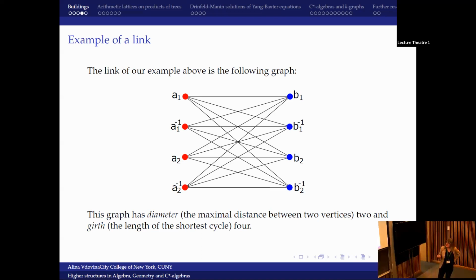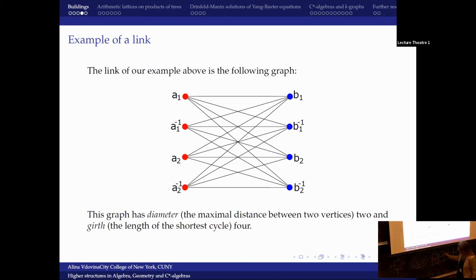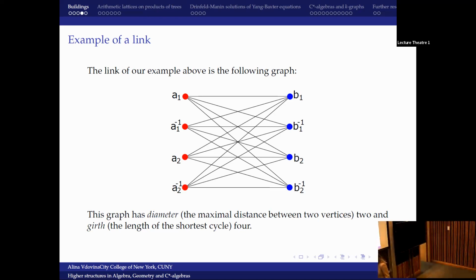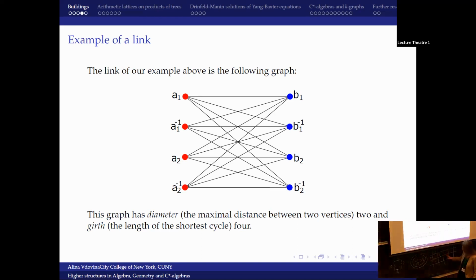So those things, diameter and girth, we would need. Actually, why we need this, just as intuition, I can tell you what happens with this link in this picture. You can keep track of it. And here it's just a coincidence that the girth is 4.